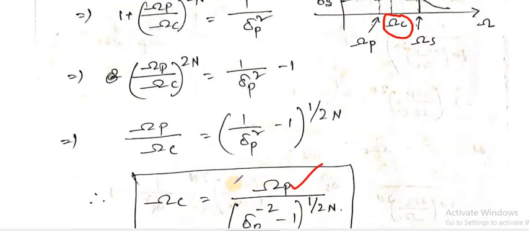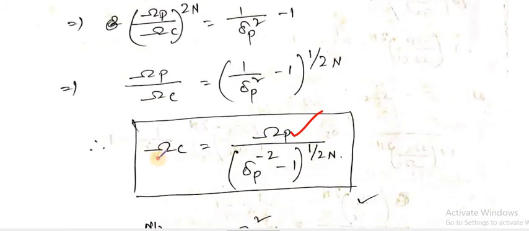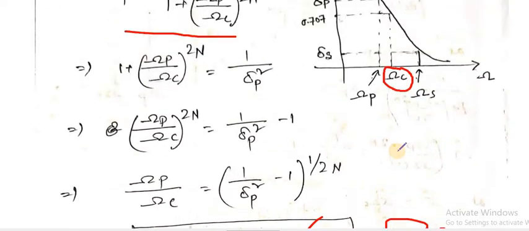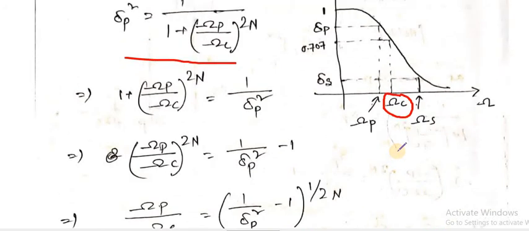You can also express this omega c in terms of omega s, but it depends on the designer, on which frequency is our priority, whether the passband frequencies or the stop band.